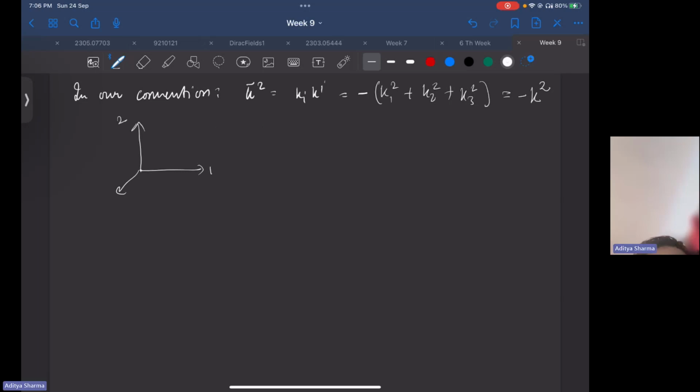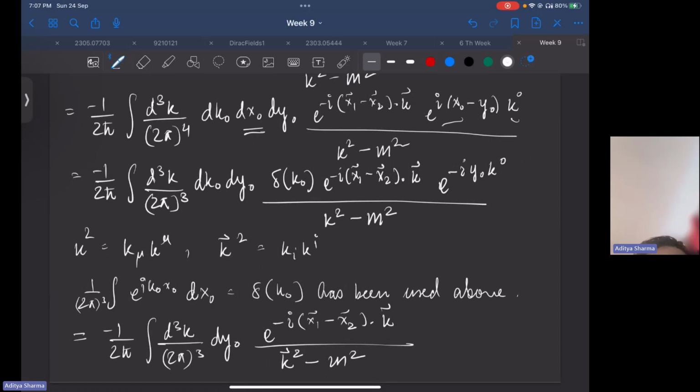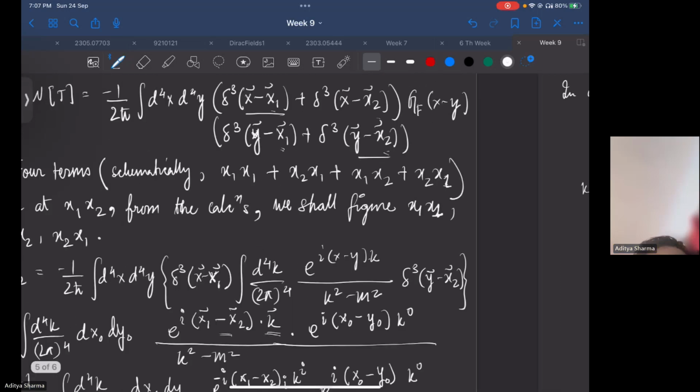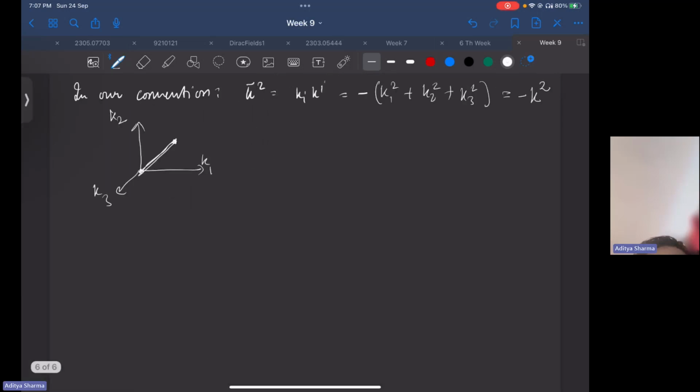So 1, 2, 3. This is like the k square, the modulus of this vector. And now I'm going to do an axisymmetric integral by saying that, okay, let me first finish.